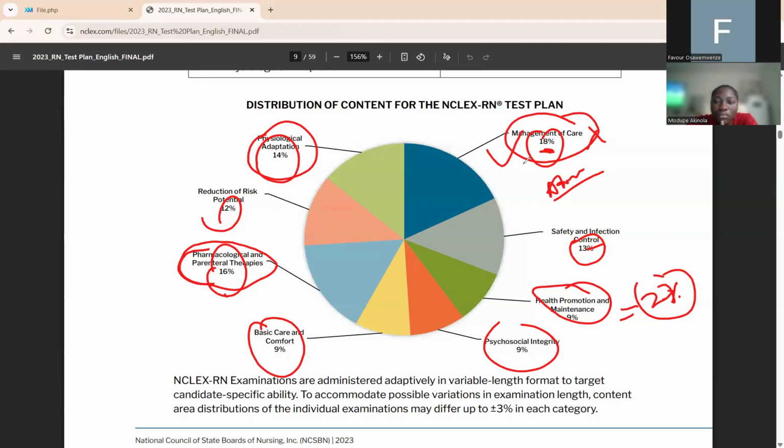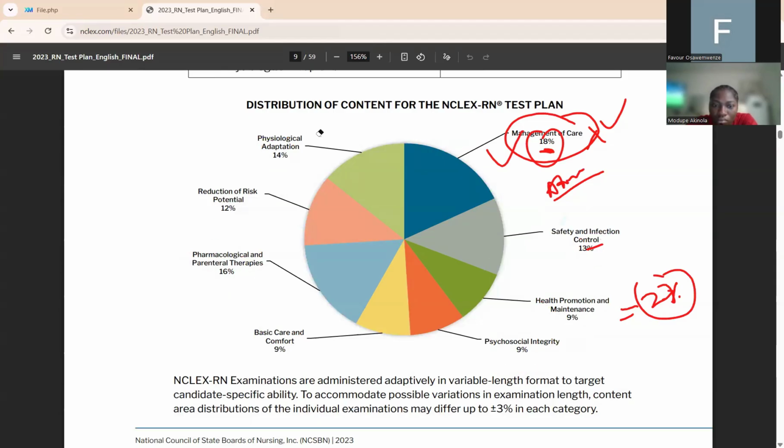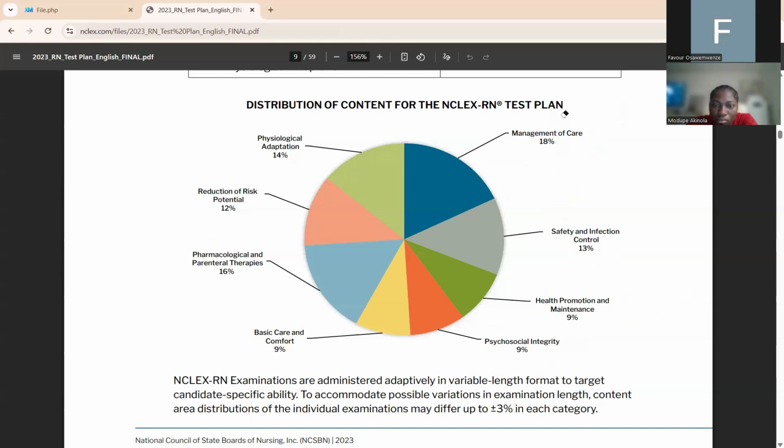The NCLEX requires you to know all these areas the most because they are very important to the field of nursing. So that's the reason why, in order to study, you don't just want to study the way you like. You want to start from this, this, this, this, this.